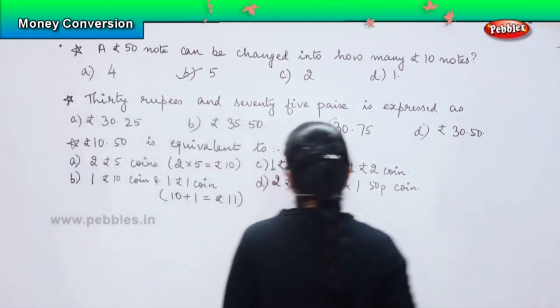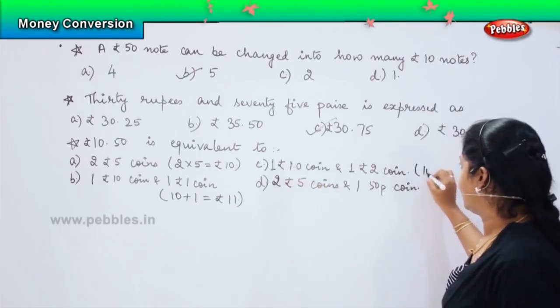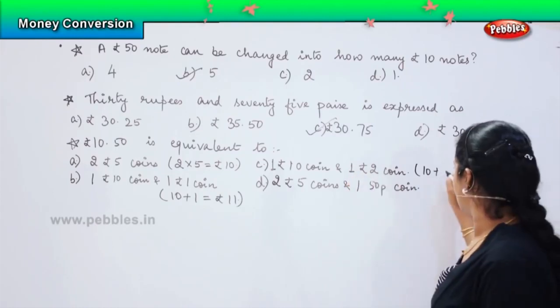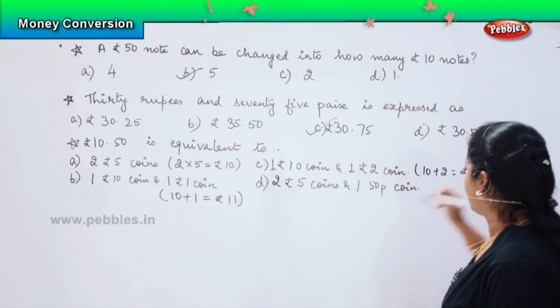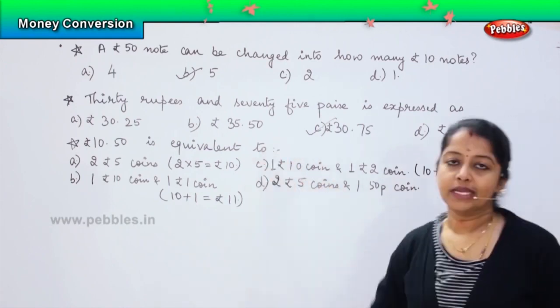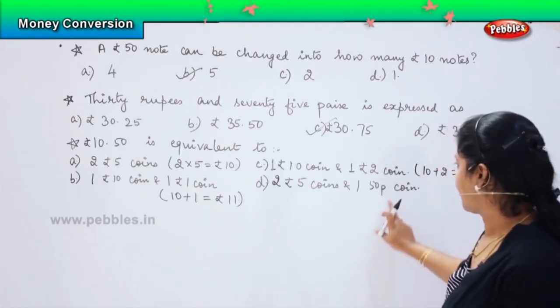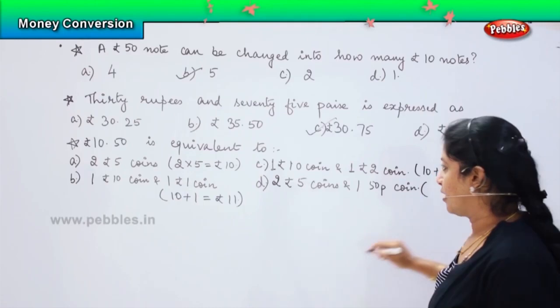Let's come to the third one. They say that 1 10 rupee coin. So 10 into 1 is 10 plus 1 2 rupee coin. 2 into 1 is 2. So which means it is giving me 12 rupees. That is not what I need. So even option C is also not the right answer. Coming to the next one, it says 2 5 rupee coins.